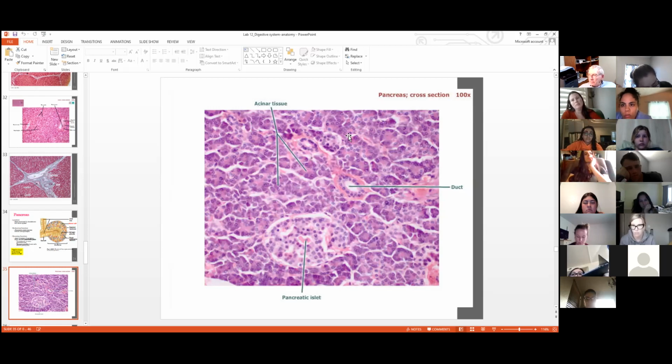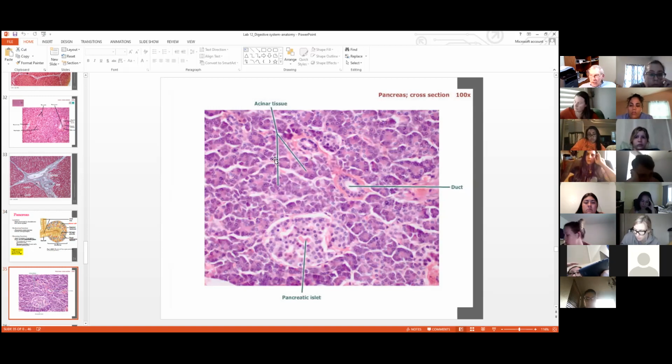Out here, some good ones down here. And then this component is the islet of Langerhans. So this is considered to be an islet cell. This is endocrine. Secrete material directly into the bloodstream. This is exocrine. Uses tubes to secrete to other locations.